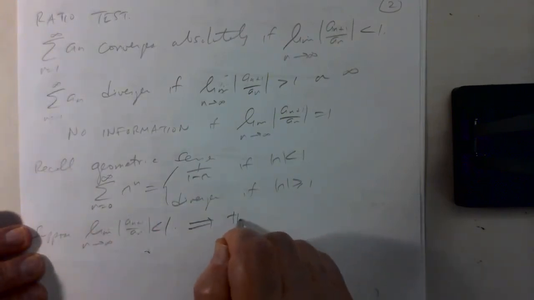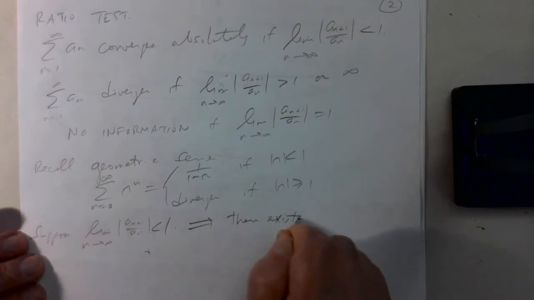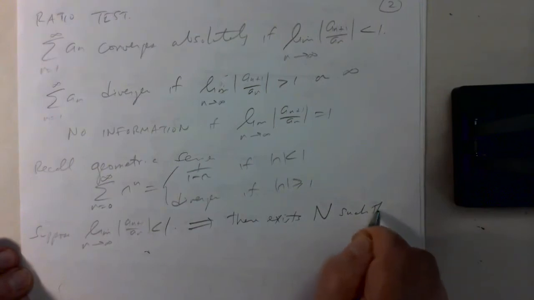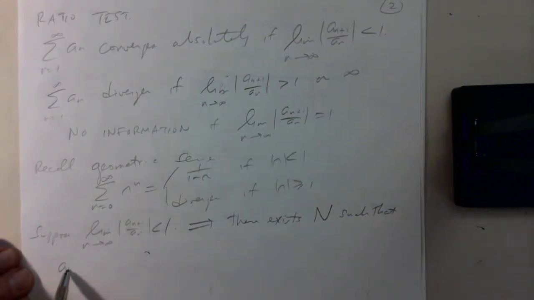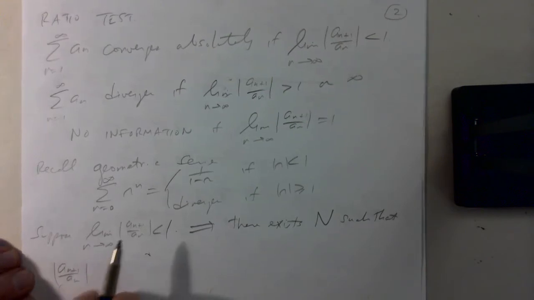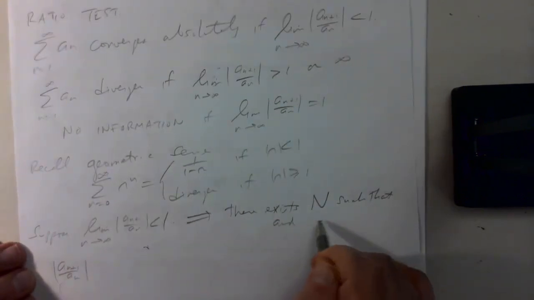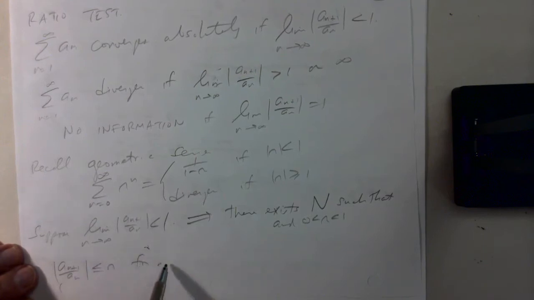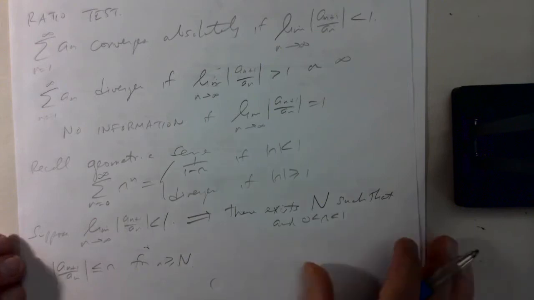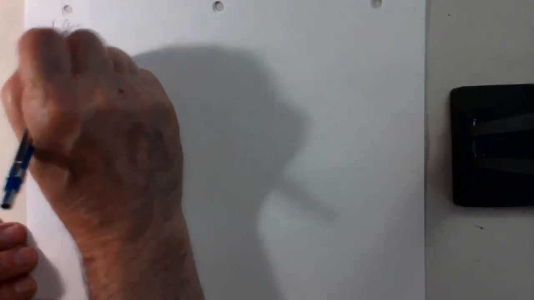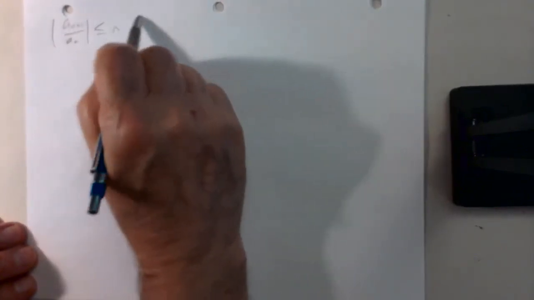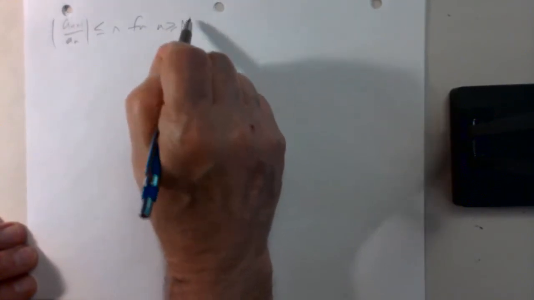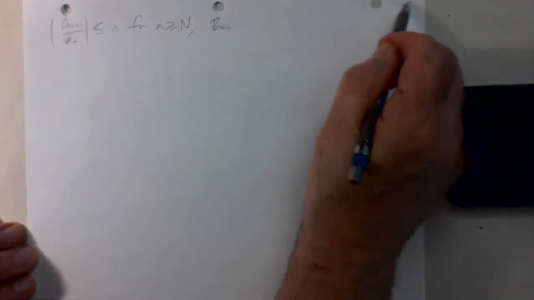This means that there exists an N and an r strictly between 0 and 1, such that the absolute value of an plus 1 over an is less than or equal to r for all n greater than or equal to N. So if an plus 1 over an is less than or equal to r for n greater than or equal to N, then what does that mean?